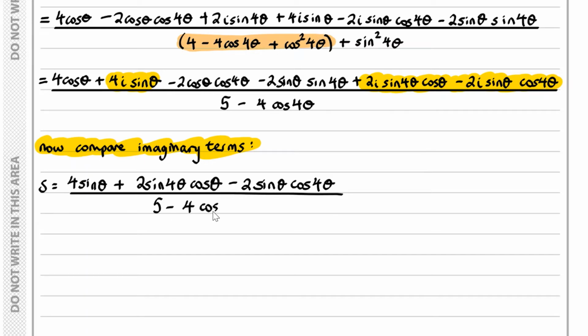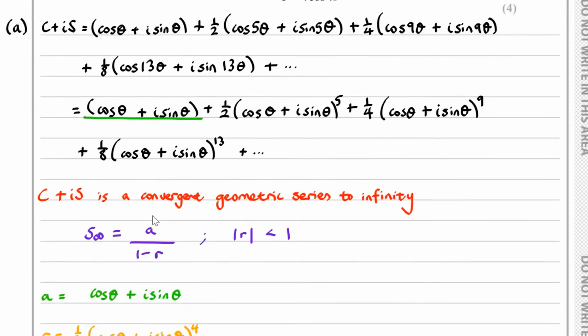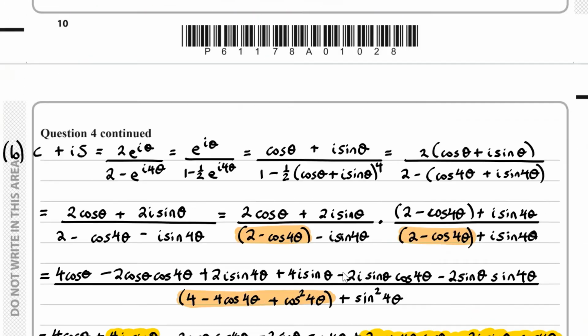On the bottom we've still got this bit, so on the bottom we still have 5 minus 4 cos 4 theta, and that almost looks similar to what we have here.